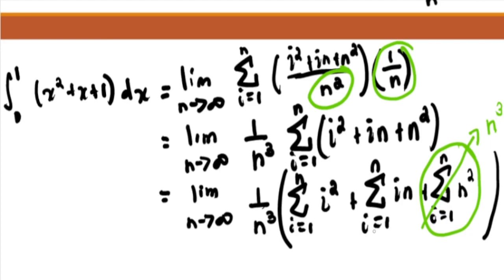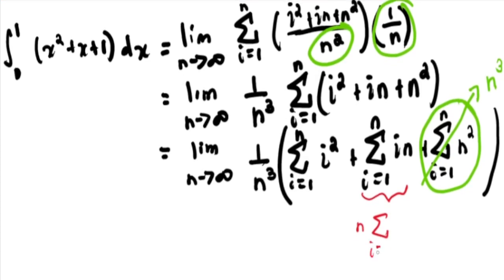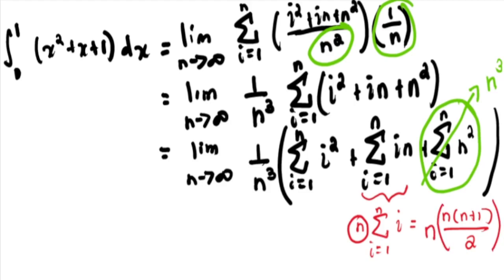This part here, we can think of this as n times the summation of I from 1 to n, which we know as n times n plus 1 over 2. Oops, meron tayong n dito, so wag natin kakalimutan. Times n.